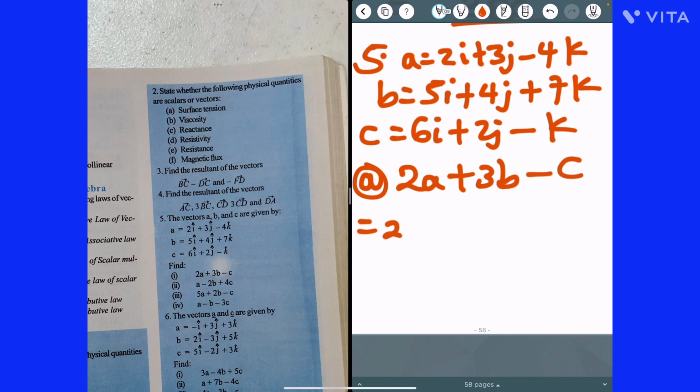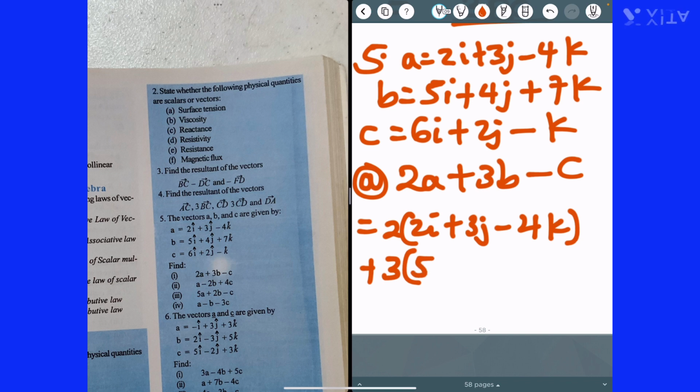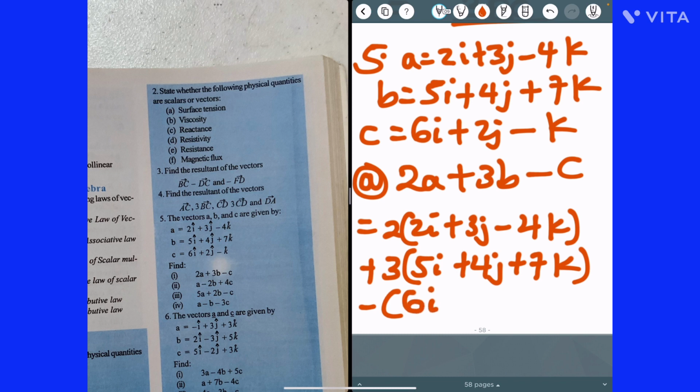That's a simple question. That's 2 times 2I plus 3J minus 4K, plus 3B, which is 3 times 5I plus 4J plus 7K. You understand? Minus C, which will be minus 6I plus 2J minus K. So you put this together, what will it get you?